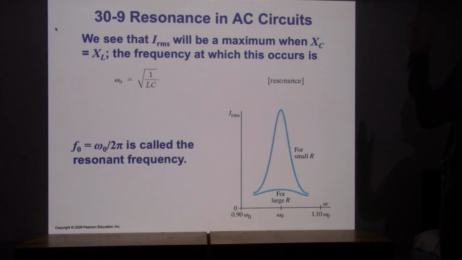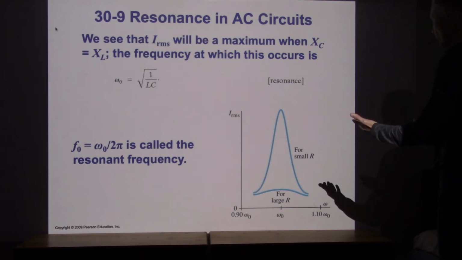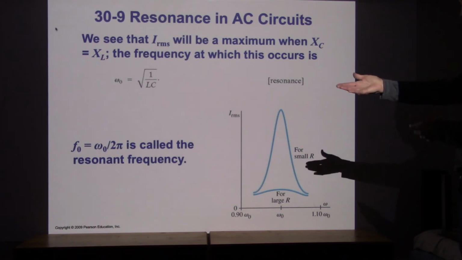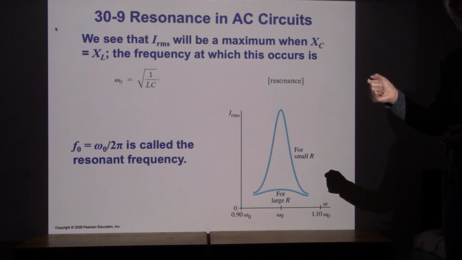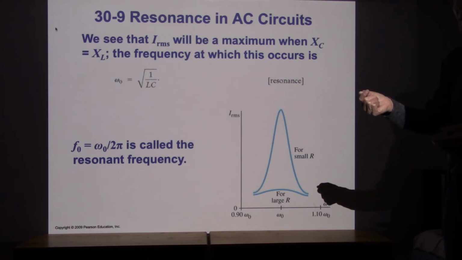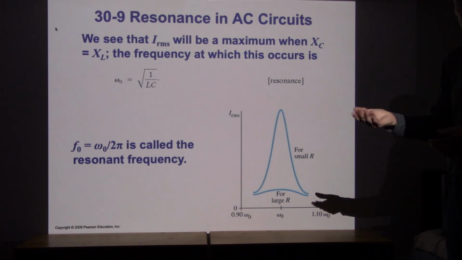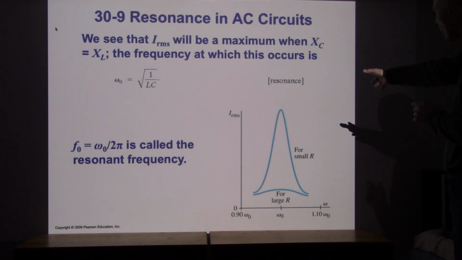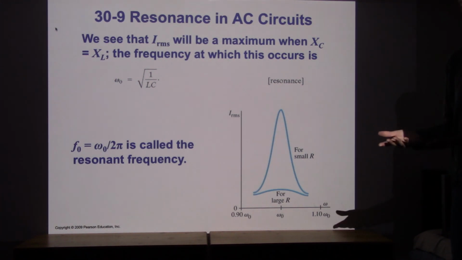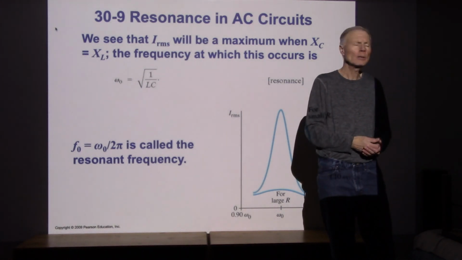If, for example, let's say we have a radio tuner and we're getting all of these signals coming in, we're generating currents that represent the signals, and the current is a jumble of different frequencies, depending on how we've tuned the L and the C. So if we go back and make the capacitance or the inductance variable, then we can adjust so that we get the sharp peak occurring for a particular frequency. That lets us tune in to a particular frequency, to a particular signal that we want to listen to.